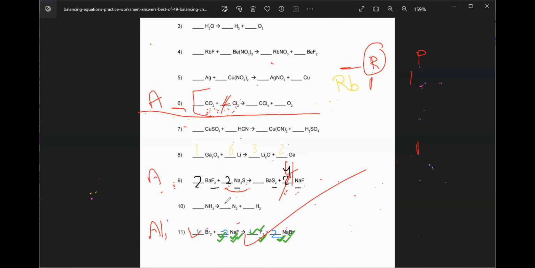Miss, and Hamdan, also we have... wait. I'm going to do it, just a minute. How much barium? Barium 1. Fluorine 2, so I have to put 2.